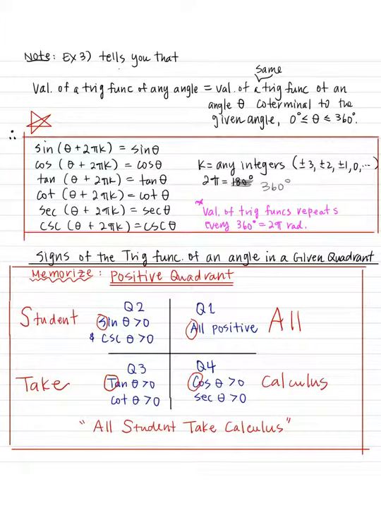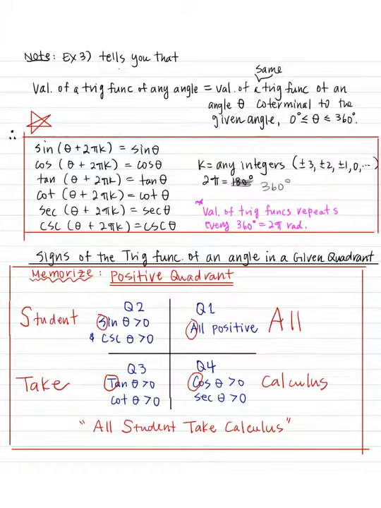Quadrant 2 is denoted by S, which stands for sine, and 1 over sine is cosecant. So sine and its reciprocal, cosecant, are positive in quadrant 2.